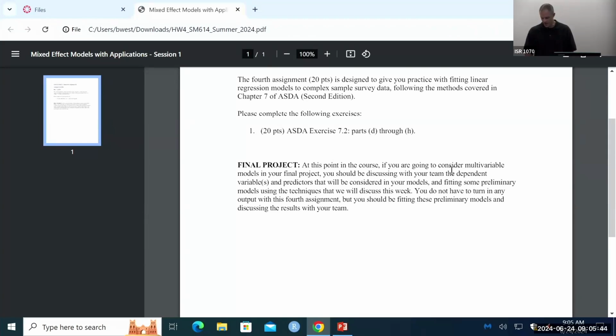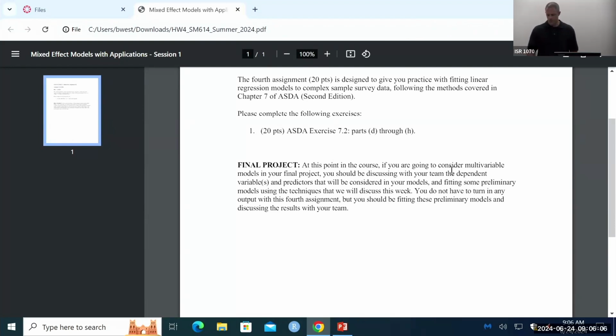Now, part D says, fully account for the complex sampling features. So we're going to talk about what that means in the context of regression modeling. But again, like we've been doing with the design-based analysis so far, use the weights and use the stratum and cluster codes to fit that model initially and perform variance estimation. So that's what we mean by fully accounting for the complex sampling features.